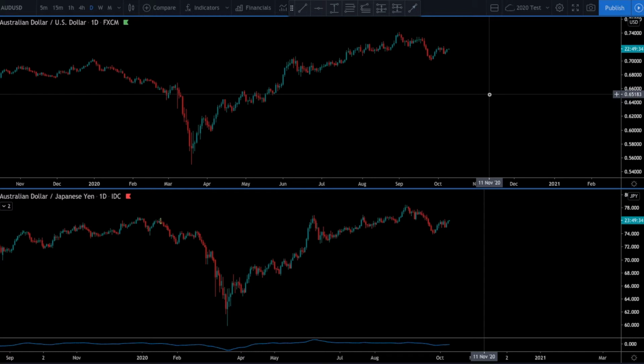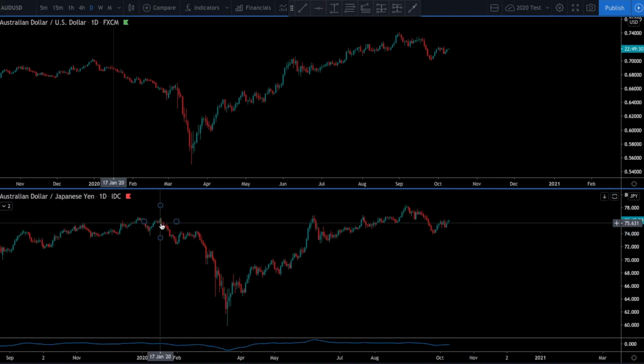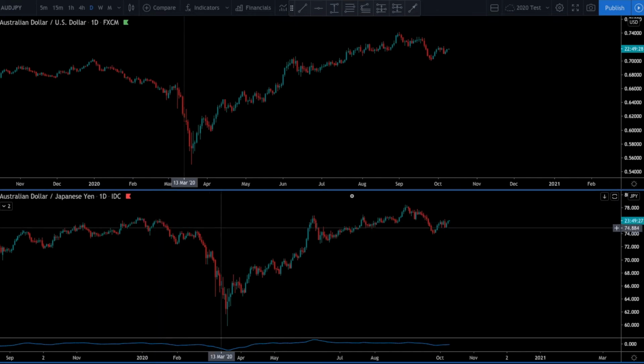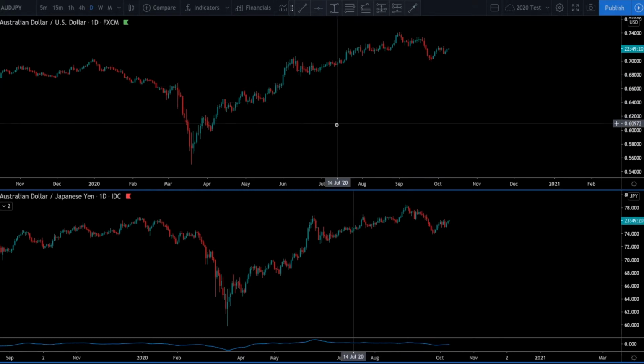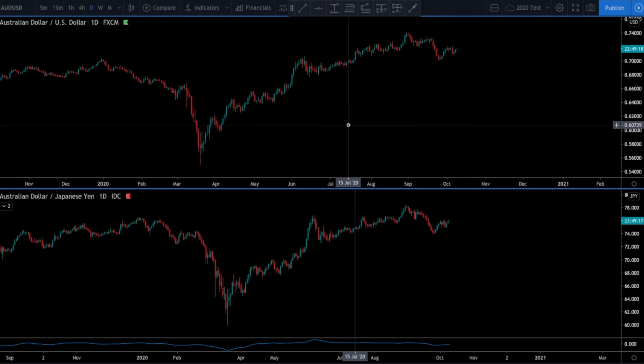This is the daily chart, and you can see the similarities between the two charts. So these two currency pairs are strongly correlated. So when you have two pairs that are strongly correlated, obviously their charts are going to look very similar.